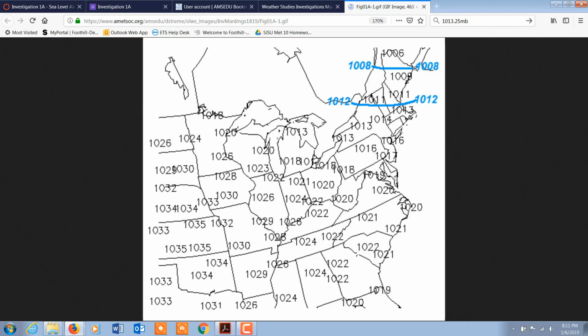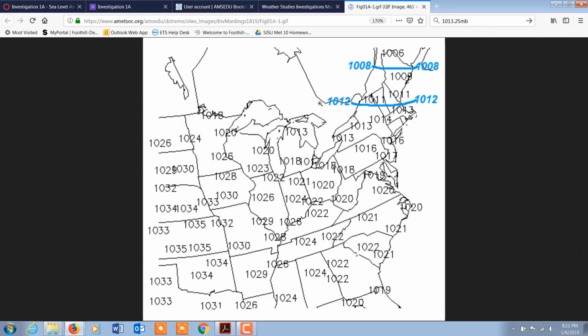Now, a few things to know about these isobars. First off, these isobars act like a border. If you notice, everything north, there's only one number to the north, but it's good enough for now. Everything on one side is less than 1,008 millibars. And then if you look down here, everything on the other side is greater than 1,008 millibars.